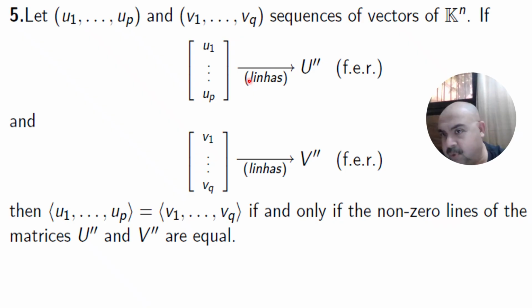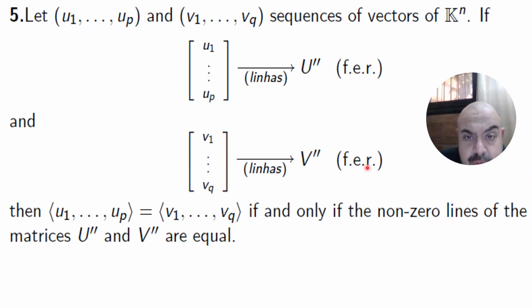If you remember the row operations, according to the slides, which are multiplying a row by a number, switching rows, or multiplying a row by a number and adding it to another row, in order to get a reduced echelon form. So I will take the first sequence and do the row operations to reach the reduced echelon form. And for the other sequence, I will do exactly the same, trying to reach the reduced echelon form.